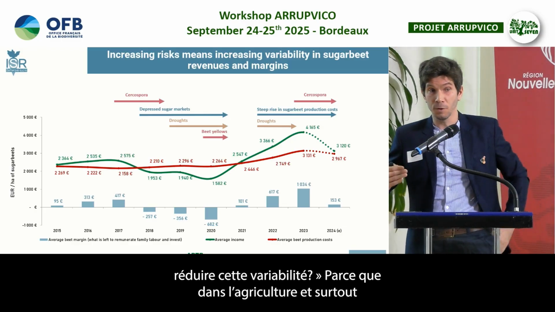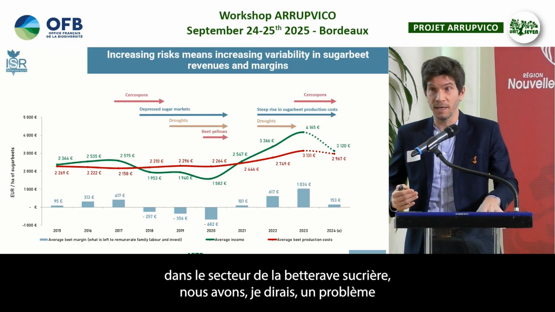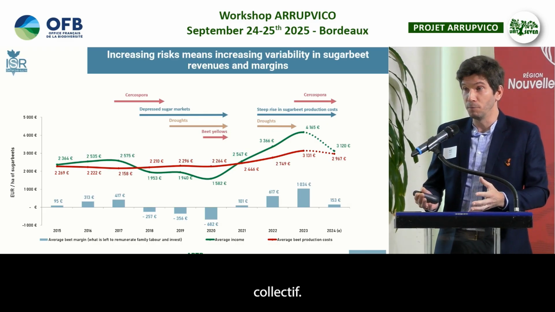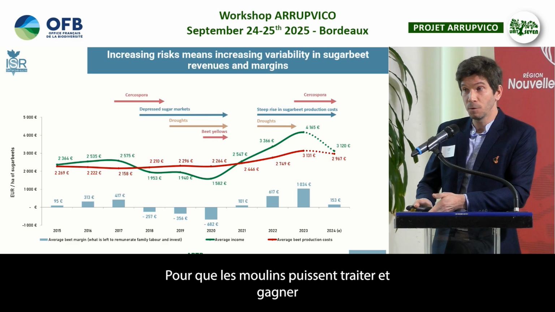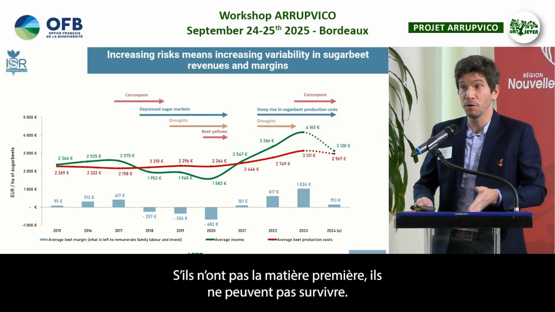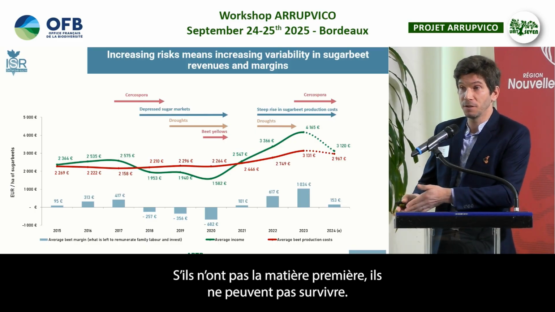Because in agriculture, and especially in the sugar beet sector, we have, I would say, a collective problem. For mills to be able to process and make a living, they need some raw material. If they don't have the raw material, they cannot survive.